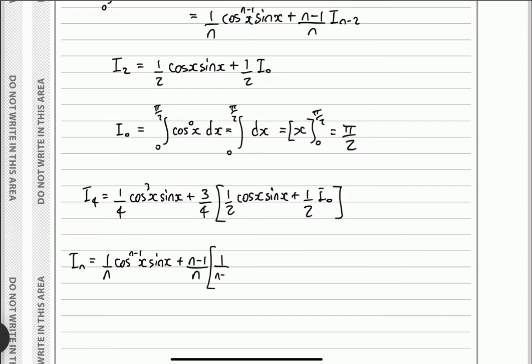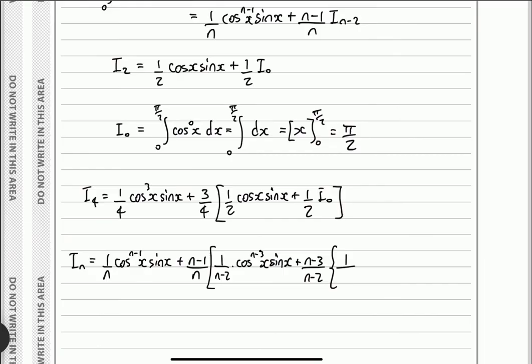Now let's do I_(n minus 2). That's 1 over n minus 2 times cos of n minus 3 x sine x plus n minus 2 minus 1 is n minus 3 over n minus 2 of I_(n minus 4).